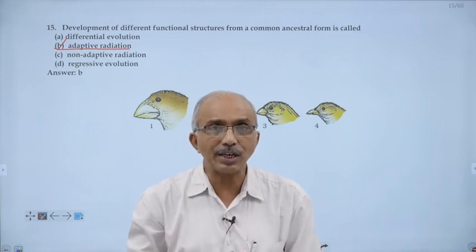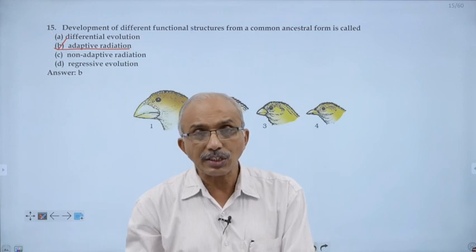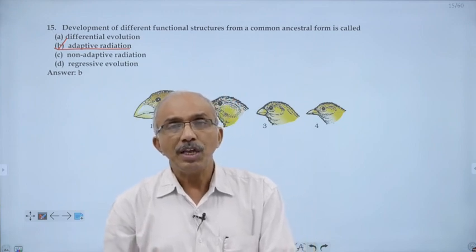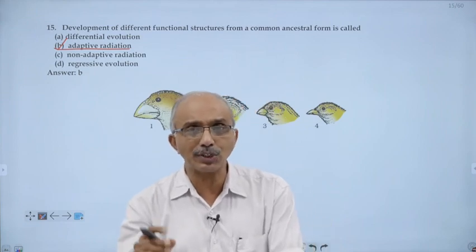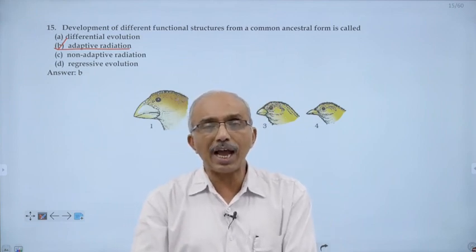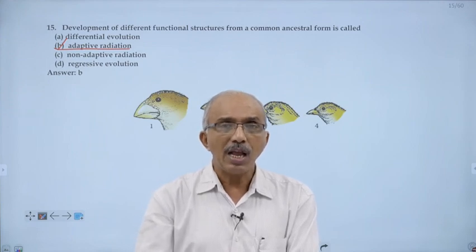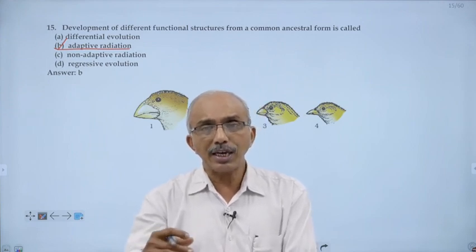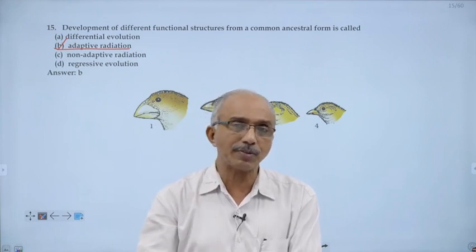During his voyage, Darwin observed black-colored birds in the Galapagos Islands, later known as Darwin's finches.